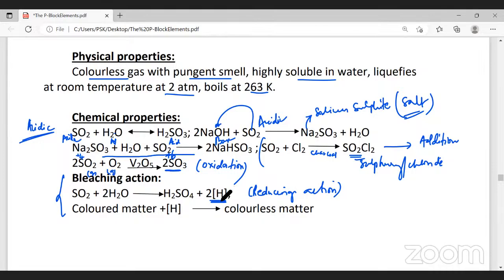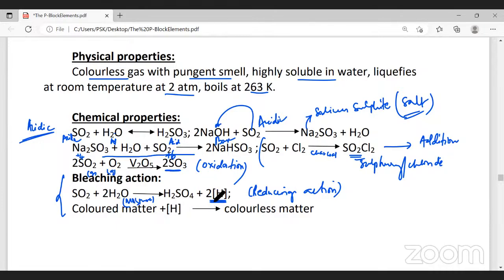Anything which gives nascent oxygen will be called an oxidizing agent. Sulfur dioxide acts as a good reducing agent in the presence of moisture. Moisture is nothing but water content. Sulfur dioxide reacts with water to form sulfurous acid, giving you nascent hydrogen.